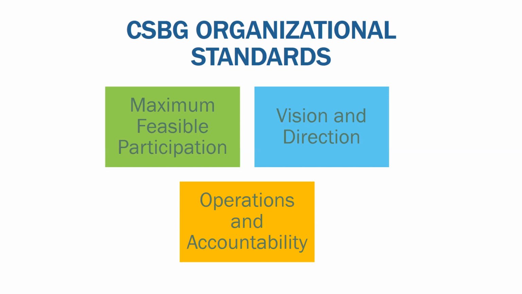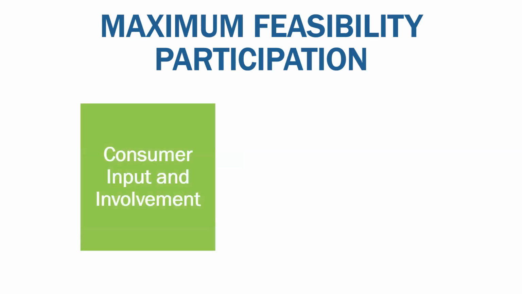But let's go ahead and get started on what those organizational standards are going to look like in a little bit more detail. So in the maximum feasible participation, there are several standards that talk about consumer input and involvement.